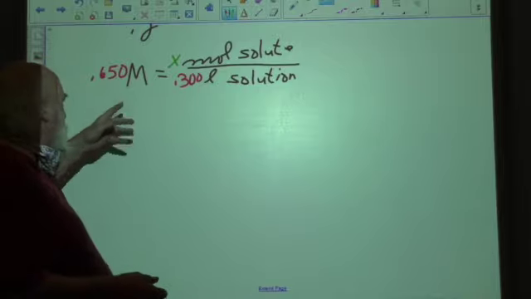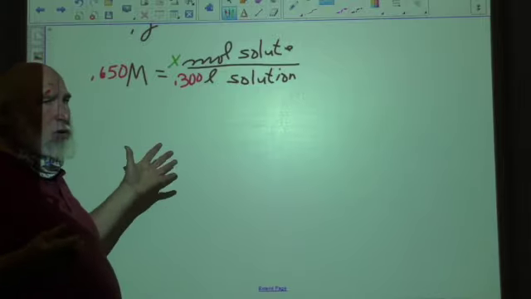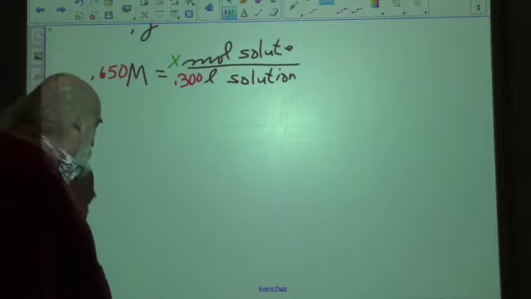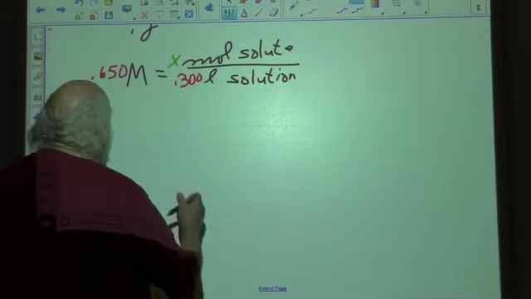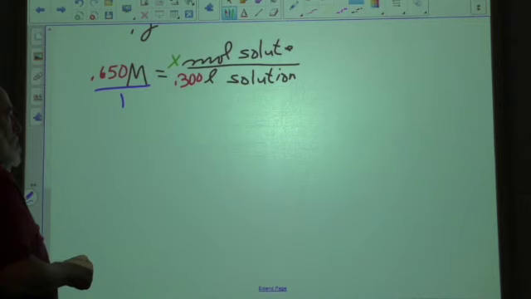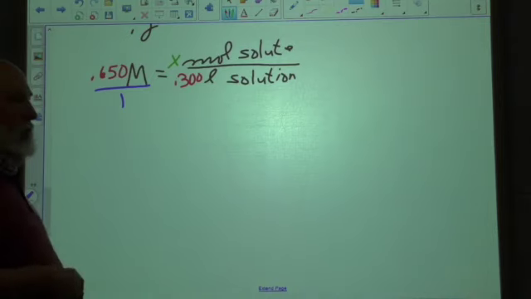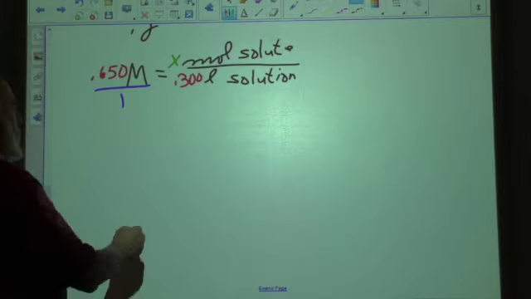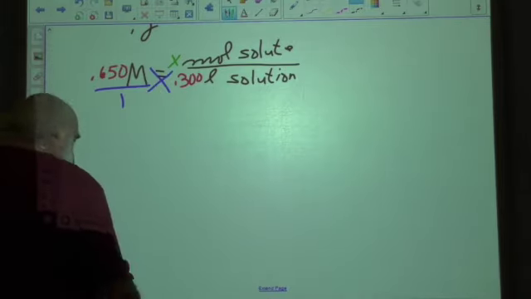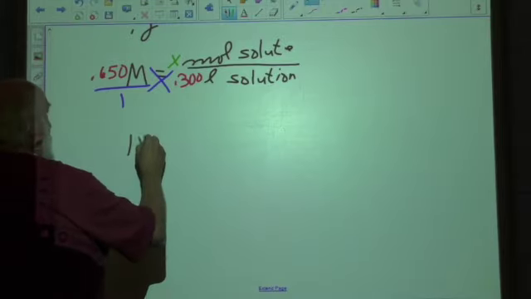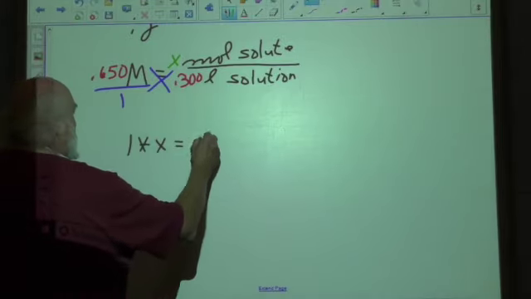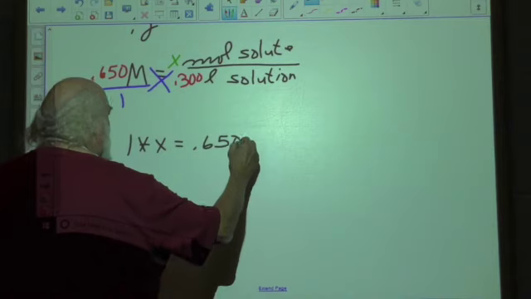So to avoid confusion, if you like to do the same thing over and over again, just go ahead and put a 1 and cross multiply. And that's what I'm going to do. It's not the way I normally do it, but I want people to get into a mathematical pattern so they don't run into mistakes like when that x is in the denominator. So we cross multiply, and we get 1 times x equals 0.650 moles per liter.